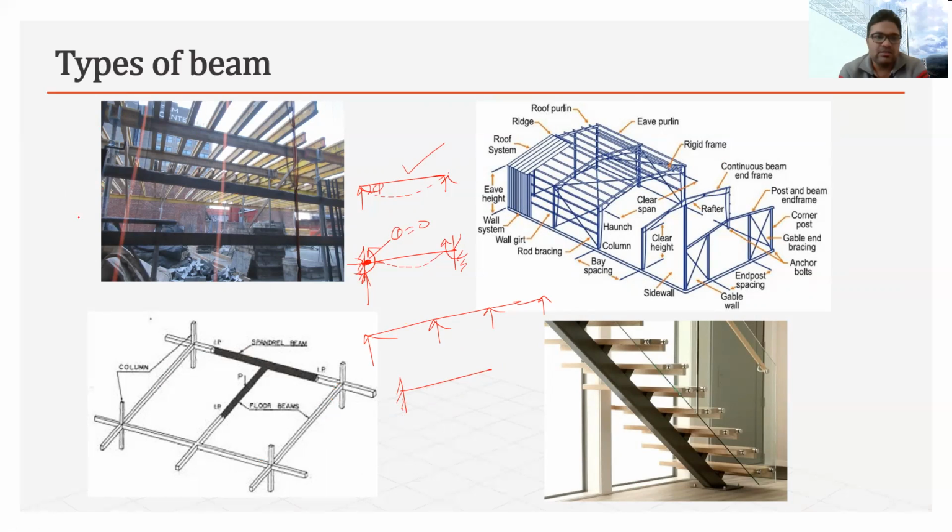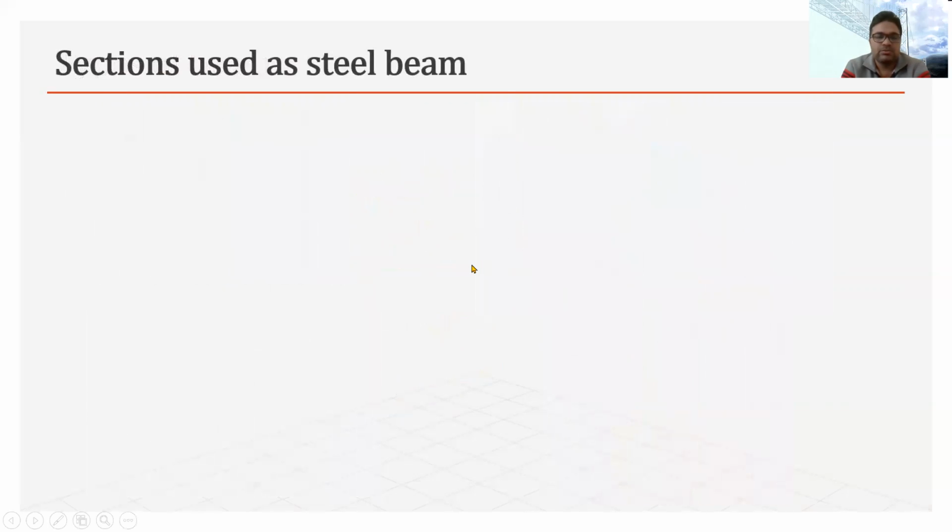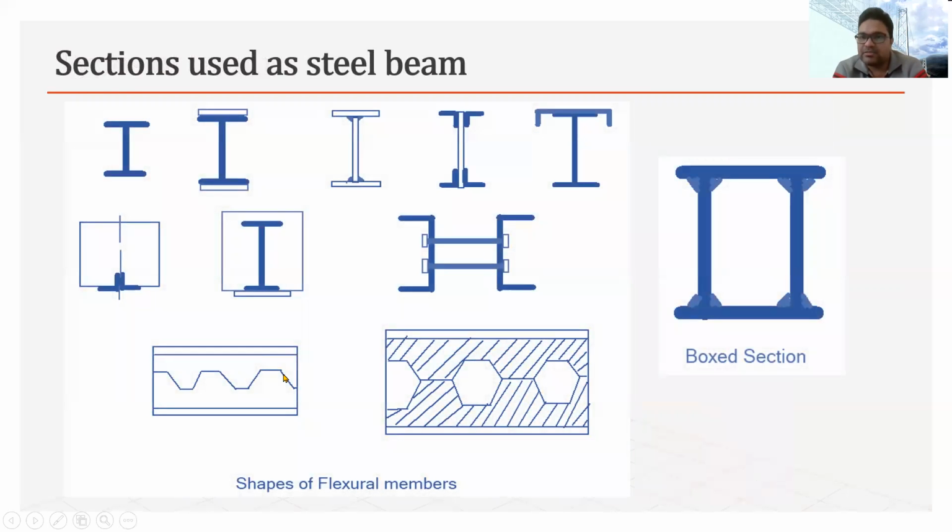And I just discussed the types of beam based on the location. So there are various sections which are being used in the steel beam, but majorly, angle sections and T sections are generally weak in bending, and that is why generally we don't use angle sections or T sections alone.